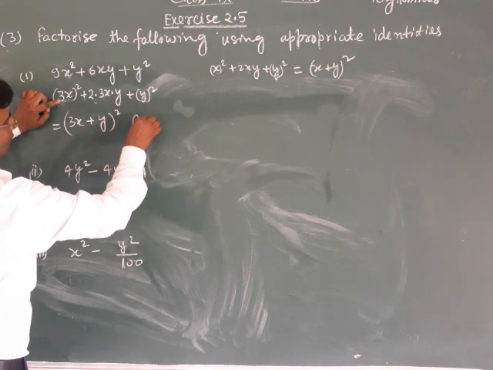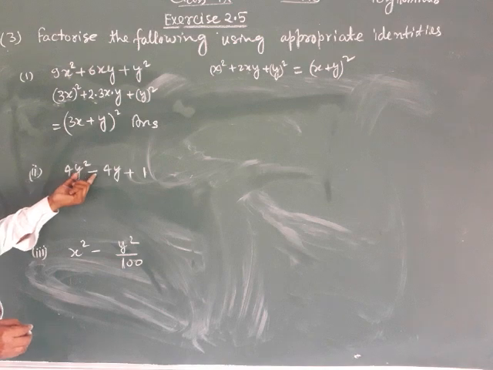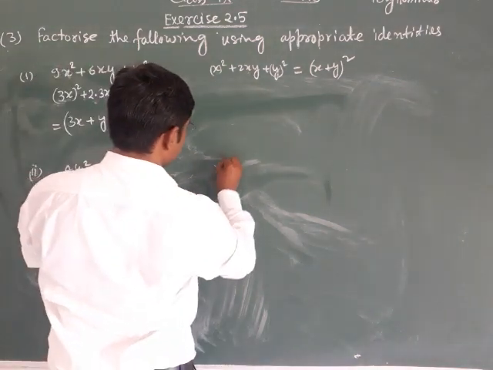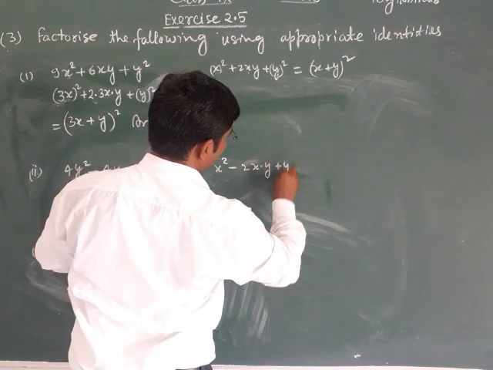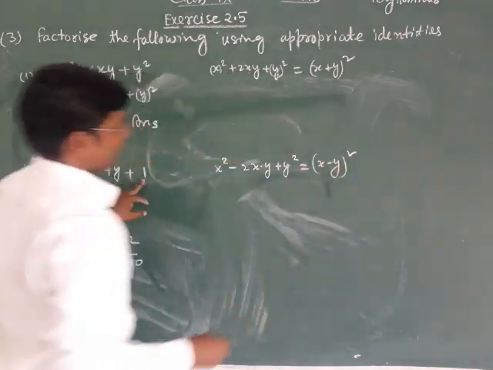So this is the answer. And another, second part: 4y square minus 4y plus 1. So use the identity x square minus 2xy plus y square is equal to x minus y whole square.